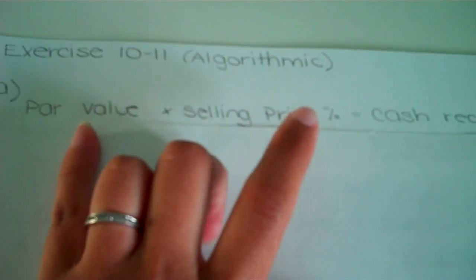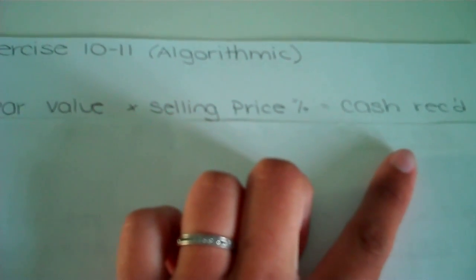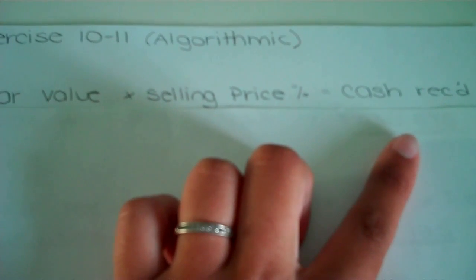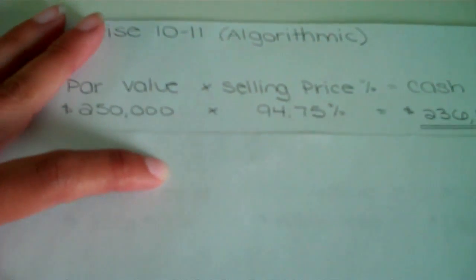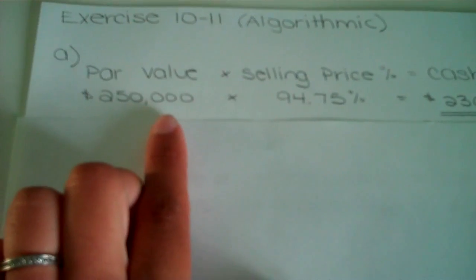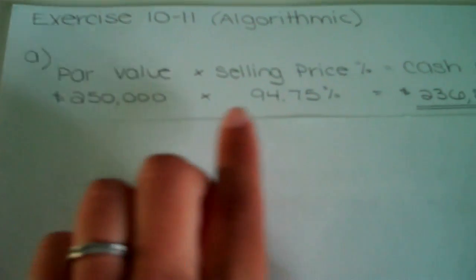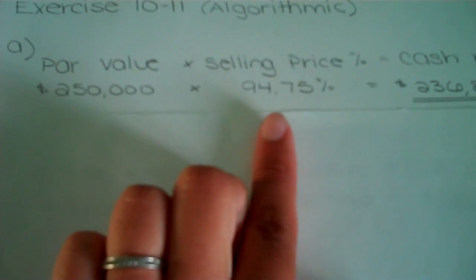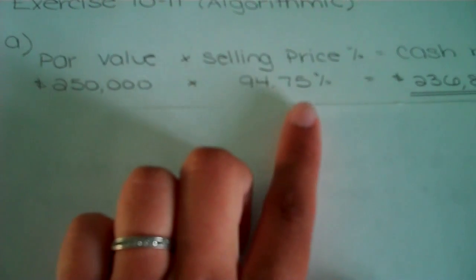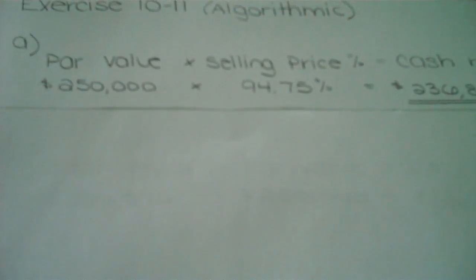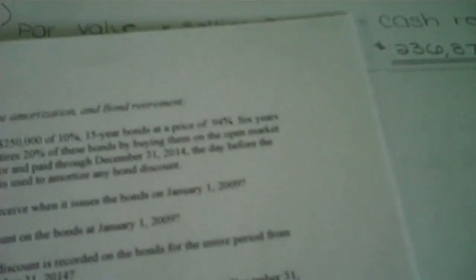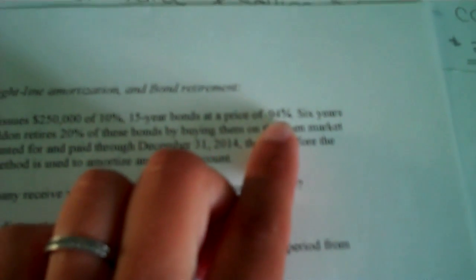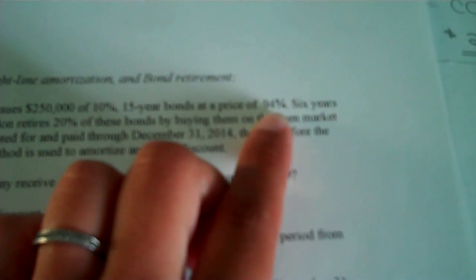Multiply that by the par value, that will equal the cash that was received on the issue date. The par value is given in the problem to be $250,000. The selling price is expressed as 94.75%. That's given in the original problem, although it is referenced as 94 3/4.